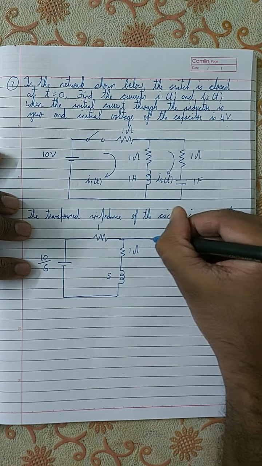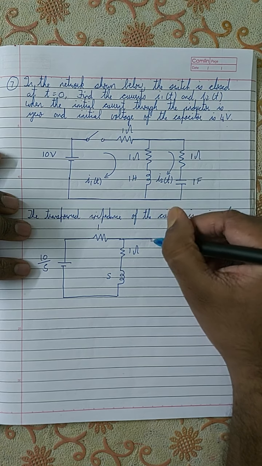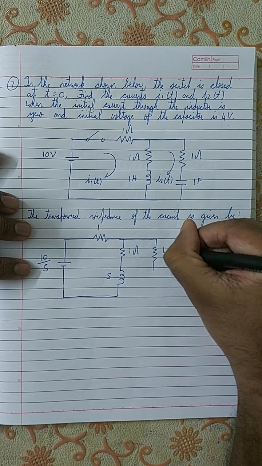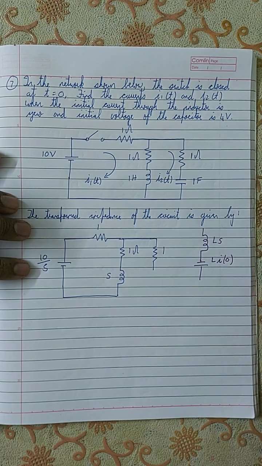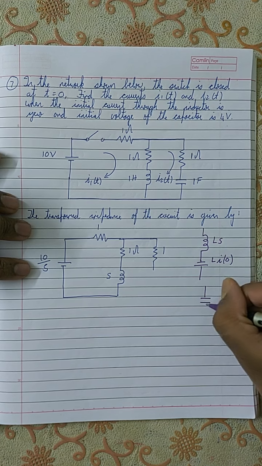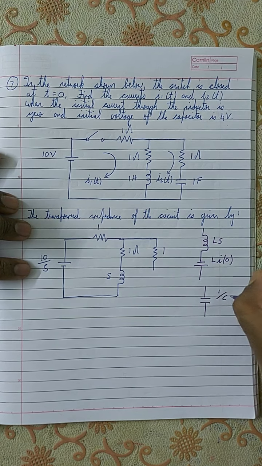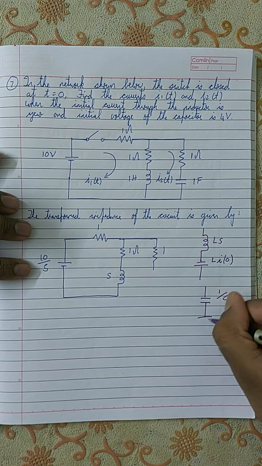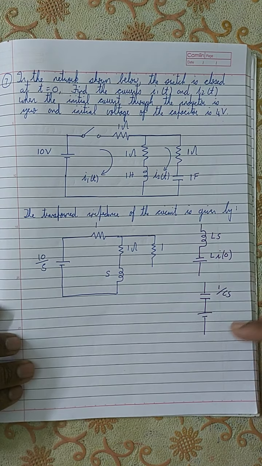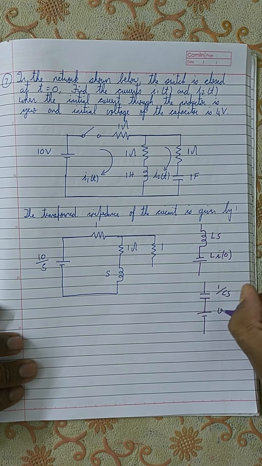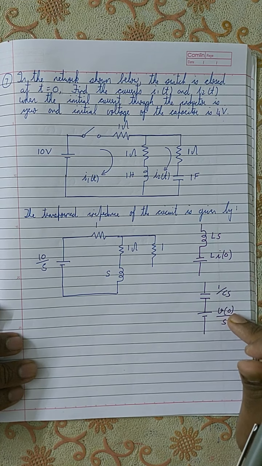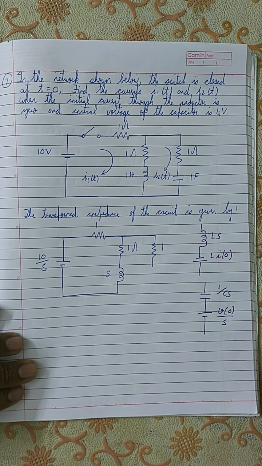Now again, what is the Laplace transform of this resistor? It's the resistor itself. And what is the Laplace transform of a capacitor? We know that the Laplace transform of a capacitor is a capacitor whose impedance is 1 by Cs and a positive voltage whose value is V of 0 by s, where V of 0 is the initial voltage of the capacitor.